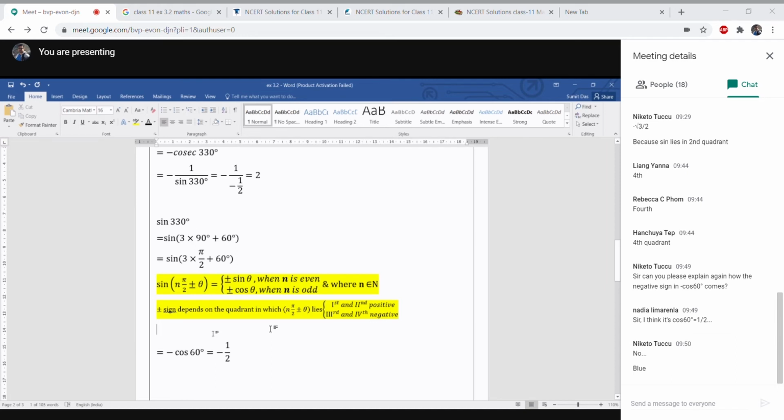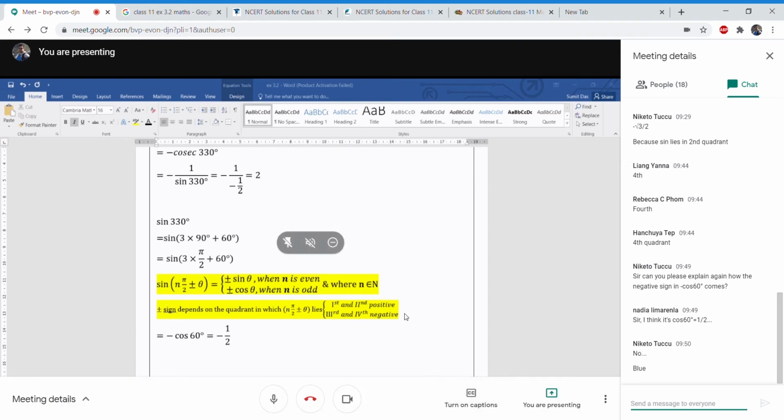Now it is okay. I think this is a very vital point. I hope I shared the notes. Otherwise I'll share again, let me know. Is it clear now why it is minus?